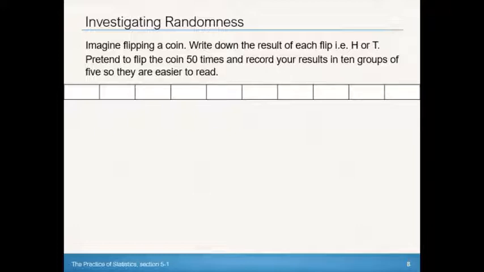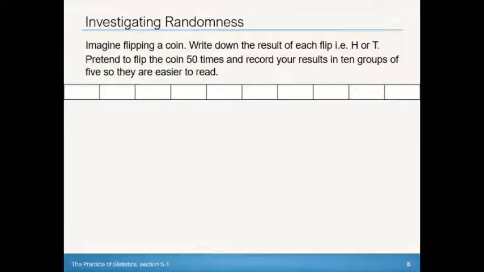And so there are 10 little rectangles in front of you. So your goal in your notes is to write down 5 letters in each one of those 10 rectangles for a total of 50. So, write a heads, a tails, a heads, a tails, whatever you think, simulate without actually flipping a coin. Just mentally think in your head, okay, what would flipping a coin 50 times look like?